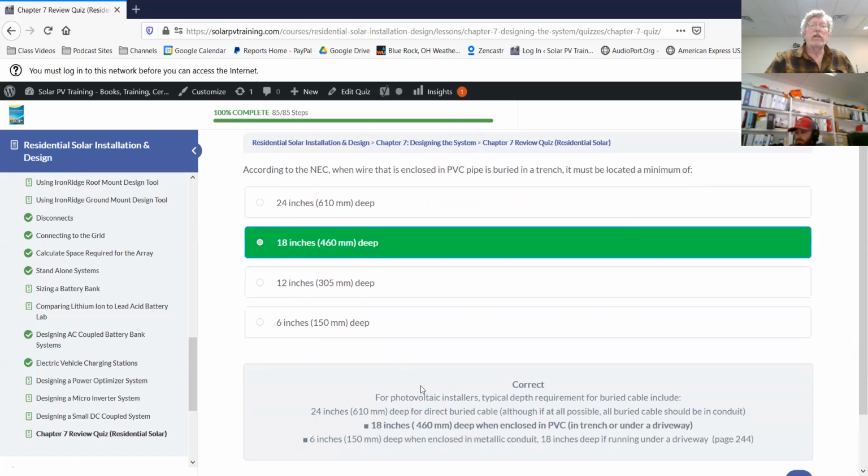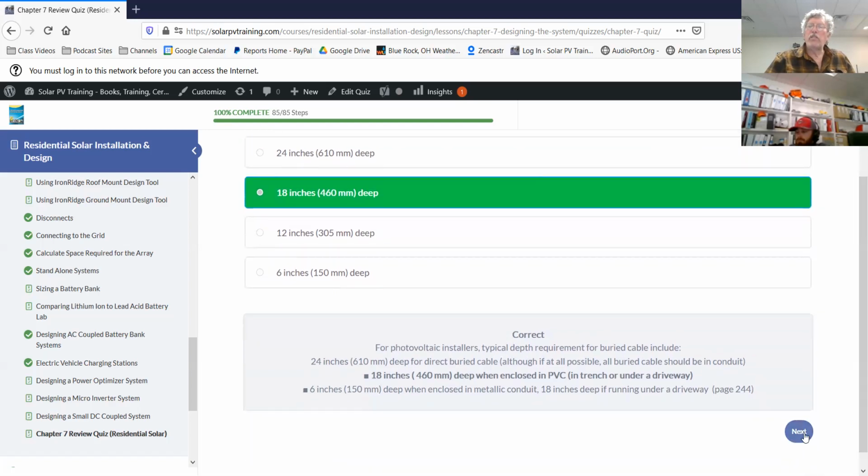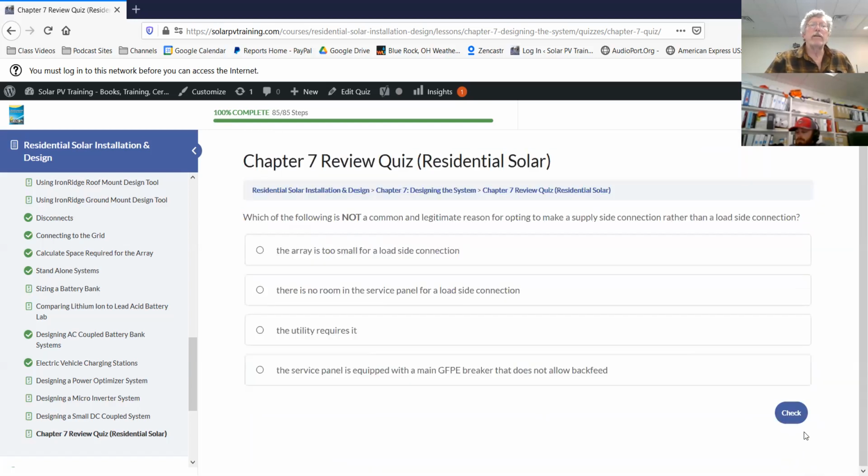And I know there are some other issues here like 24 if it's direct buried. Let me just tell you, don't direct bury cable. Don't do it. Put it in conduit. You're just asking for problems if you direct bury the cable. Pipe is cheap. Make sure you put it in conduit.